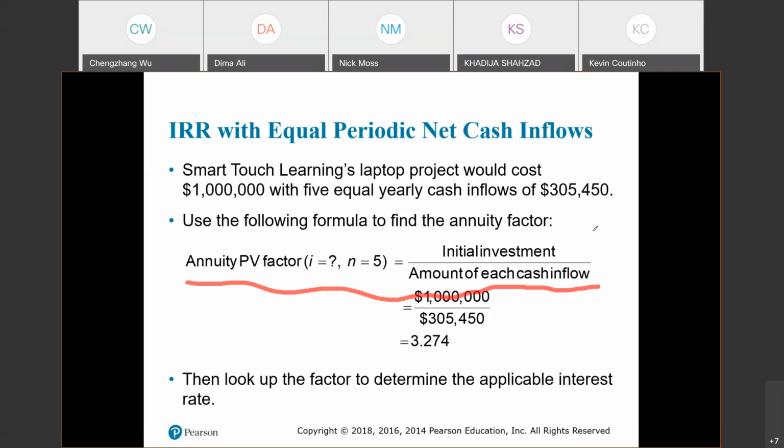We divide the initial investment by the net equal cash payment in each year. We get the annuity present value factor to be 3.274.